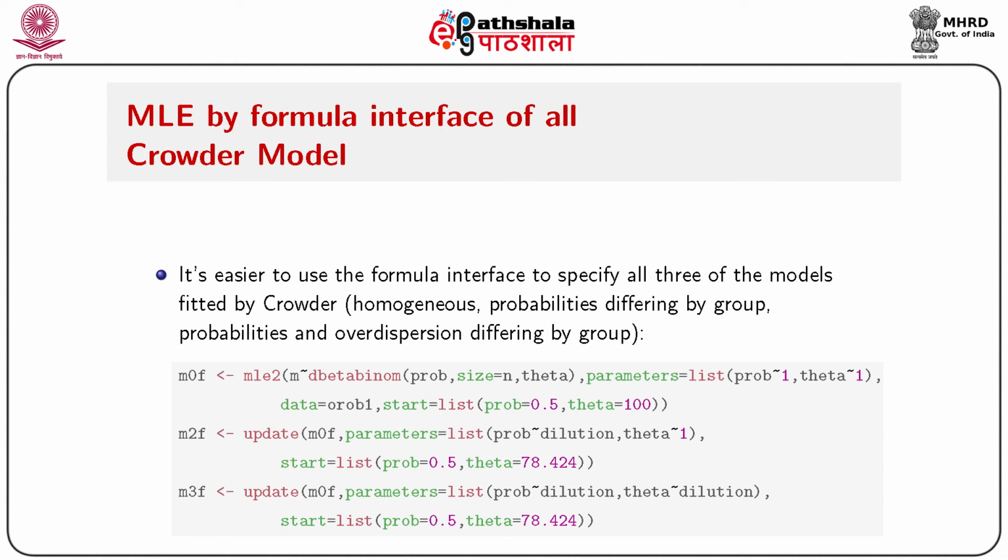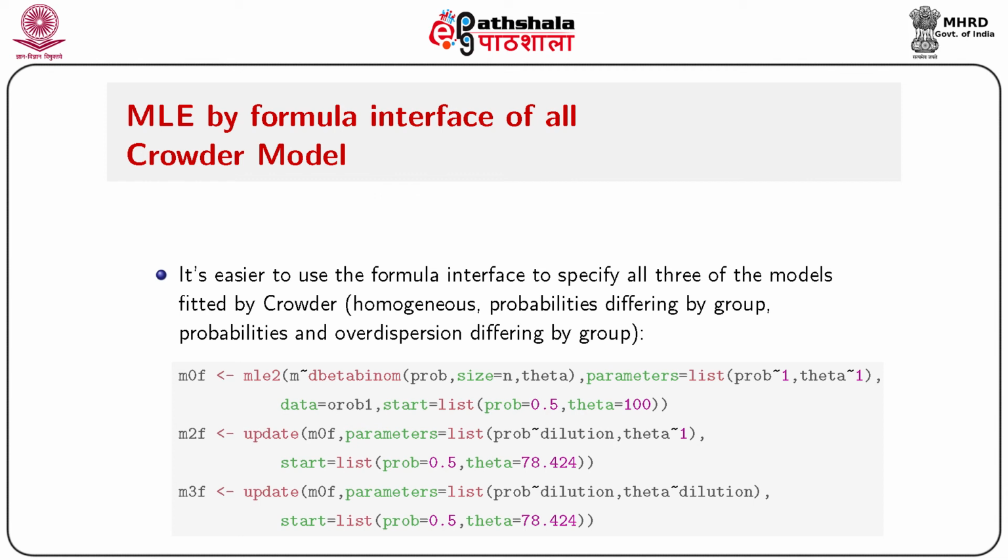It's easy to use the formula interface to simplify all three of the models fitted by Crowder: homogeneous, probability differing by group, and probabilities and overdispersion differing by group. So first you start with m0f equals mle2, m tilde dbetabinom, prob, size equals n, theta, parameter list prob tilde 1 and theta tilde 1, and data equals orchardsprays b1.